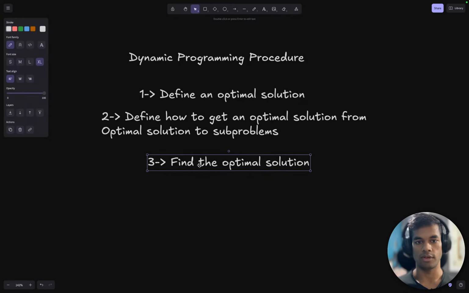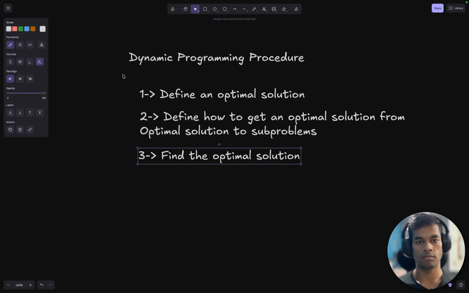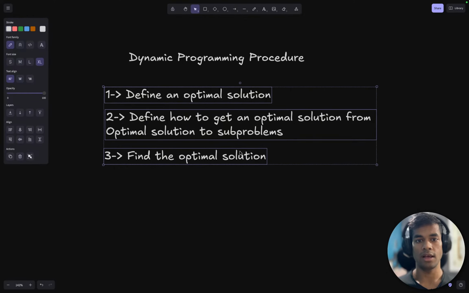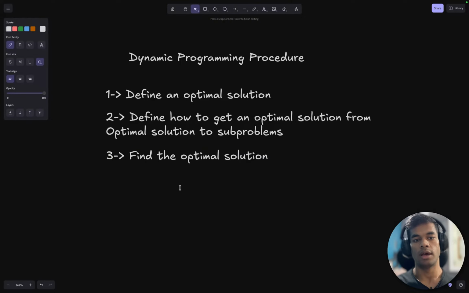First, you define what an optimal solution looks like. Then you define how you could find that optimal solution given optimal solutions to subproblems. And then there is the fourth step, which we don't always have to do: construct the optimal solution.